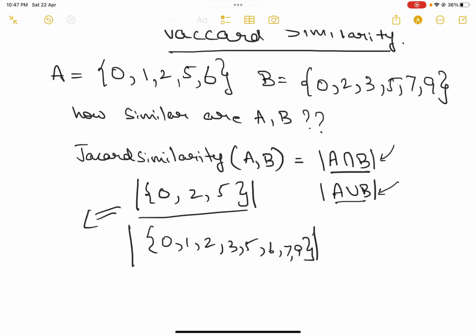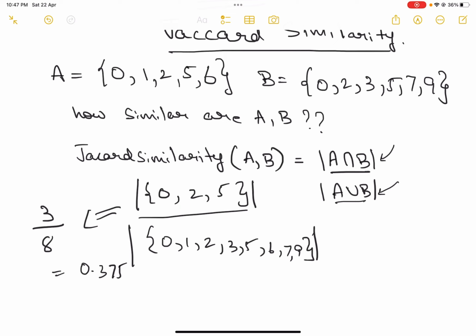So the numerator is 3 and the denominator is 1, 2, 3, 4, 5, 6, 7, 8, which is equal to 0.375. So this is the value of Jaccard's similarity between these two sets. This is how you calculate Jaccard's similarity for two given sets.